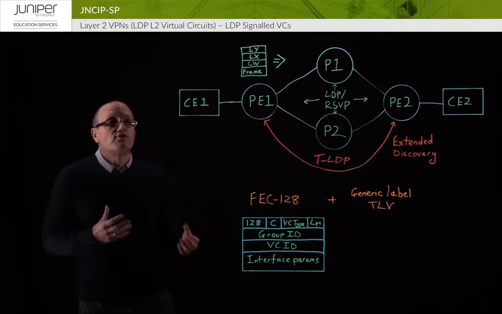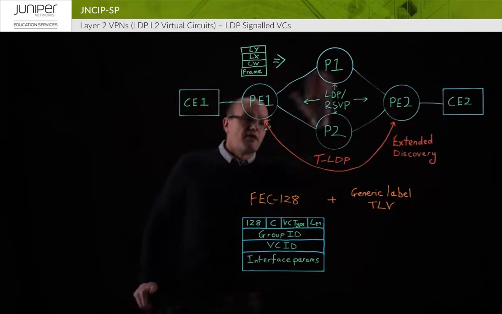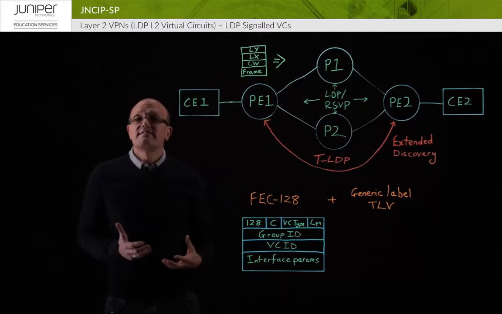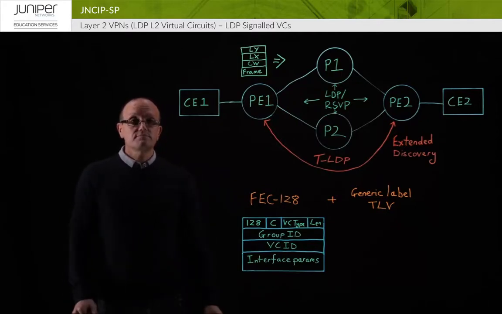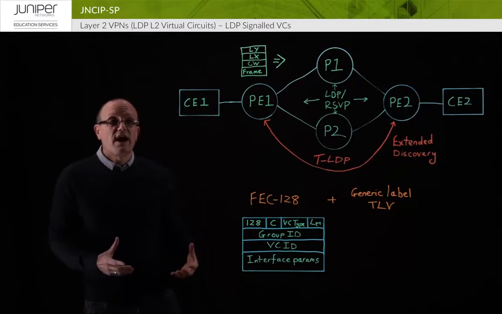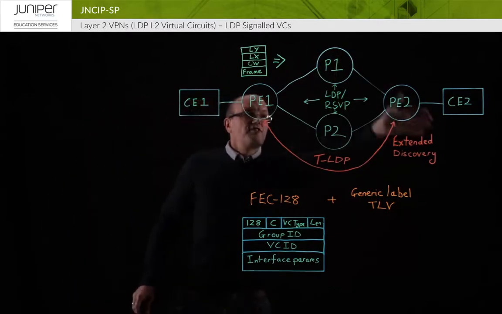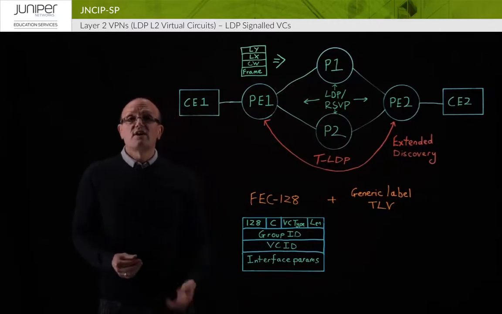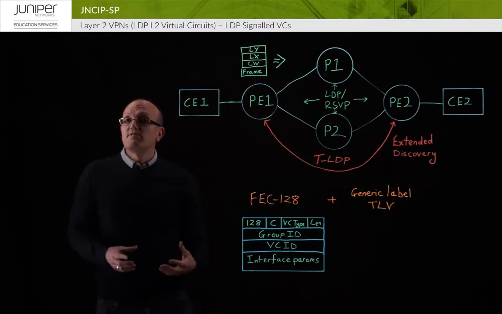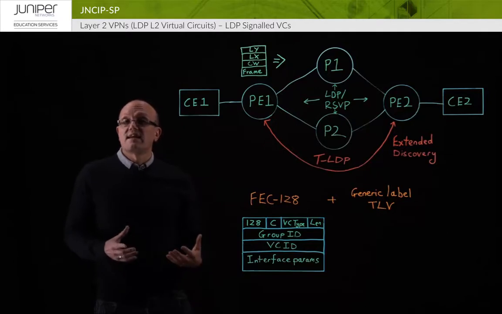So let's have a walk through a very simplified diagram that illustrates how we signal this information using LDP. Again, we have our common service provider network, and we're using the same terminologies as we did with BGP signaled layer 2 VPNs and layer 3 VPNs.